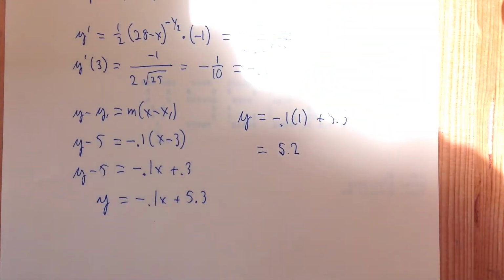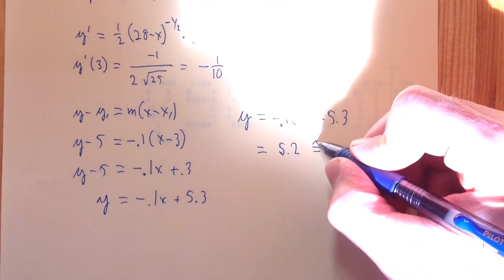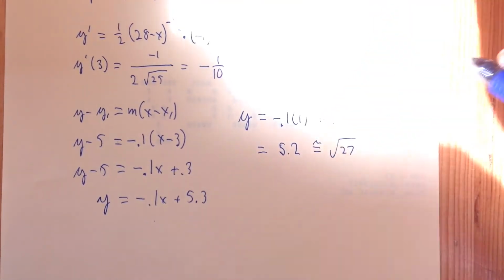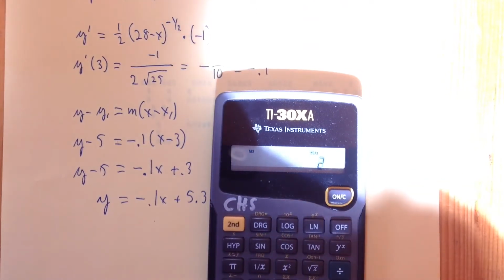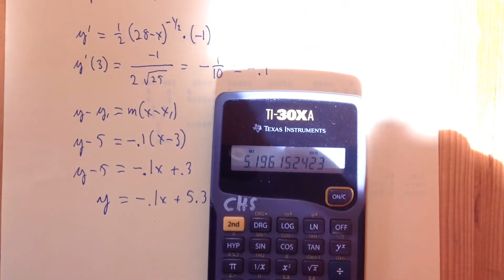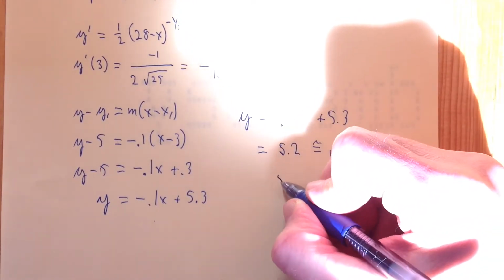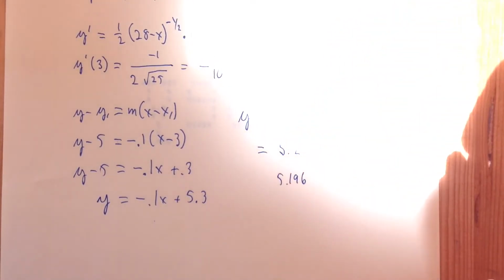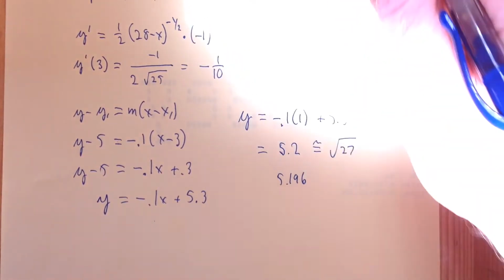So our estimate of the square root of 27 is 5.2. That's what we say is approximately the square root of 27. Okay, let's see what the real square root of 27 is. It's 5.196, which certainly rounds off to 5.2, so it works pretty good. Okay, that's how to do the first one.